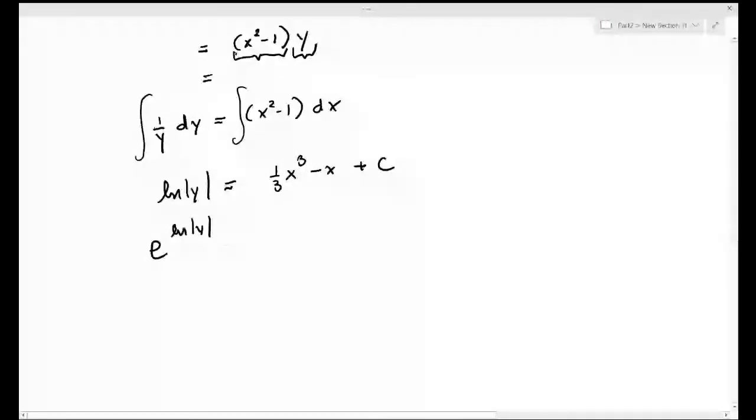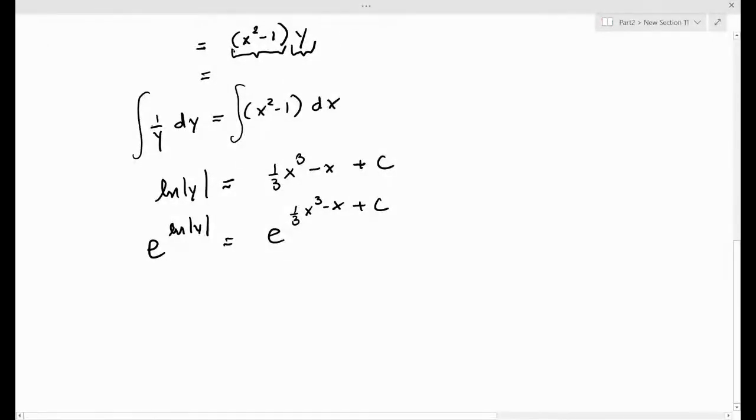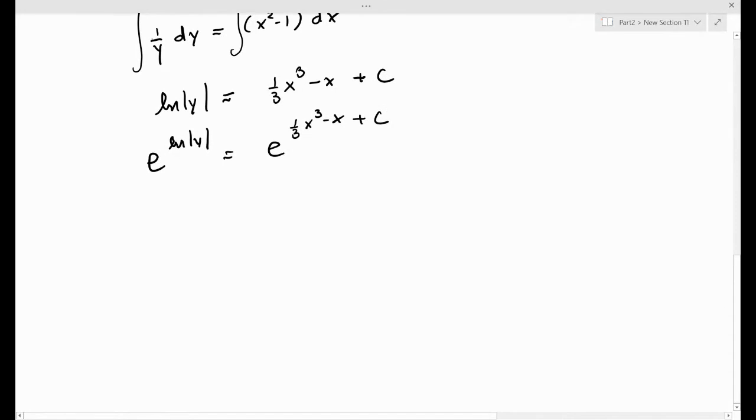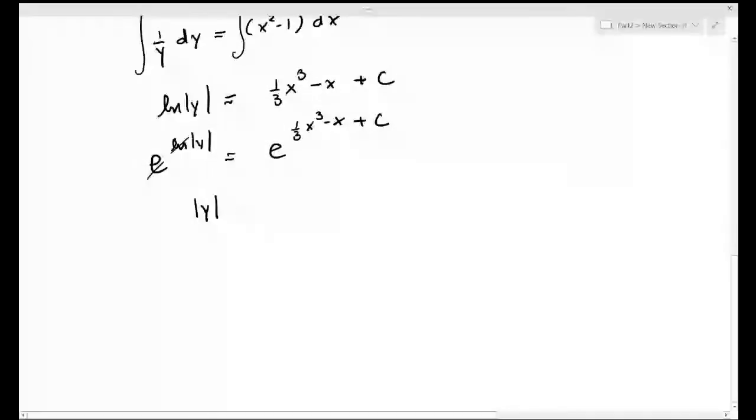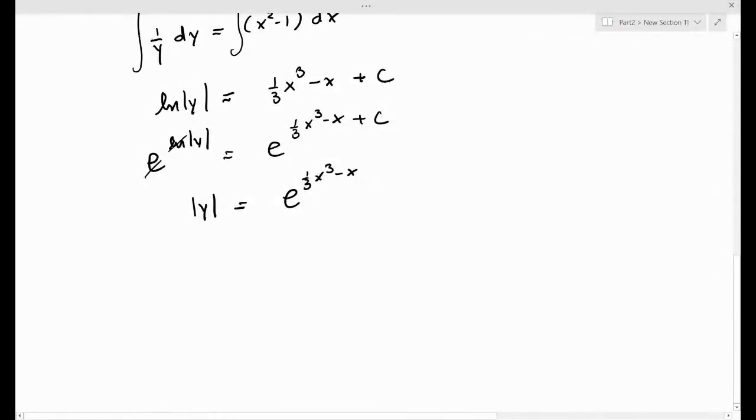So I'm going to have to exponentiate both sides. And the exponential and the log functions are inverse functions. And here I could use properties of exponents.